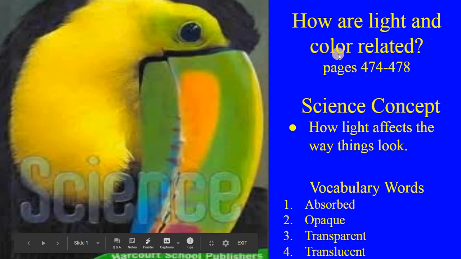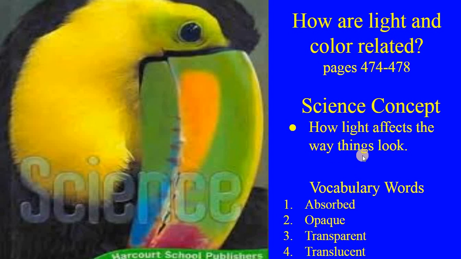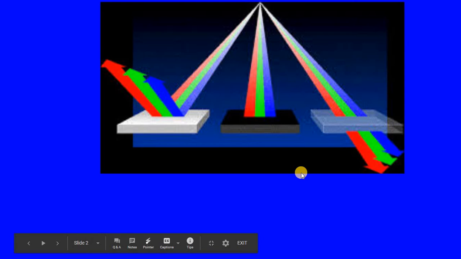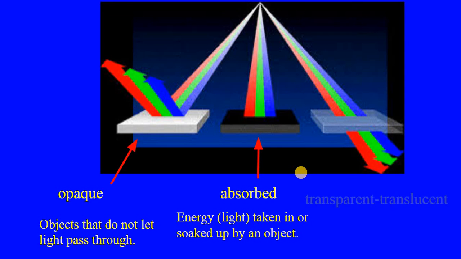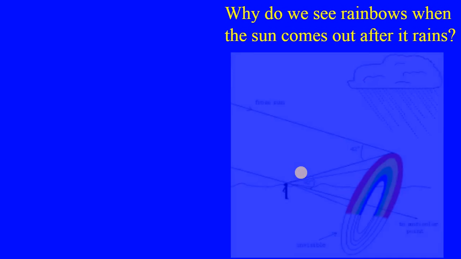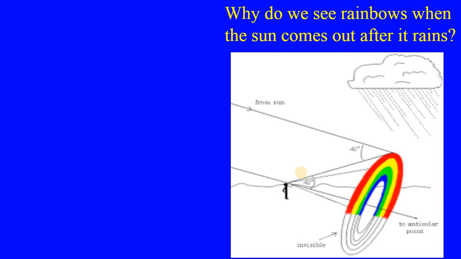How are light and color related? We looked at how light affects the way things look. We know that some objects absorb it, some objects are opaque, and some objects are transparent and translucent. We also reviewed how a prism separates light into its various colors, and how nature takes that same concept, and that is how rainbows form.